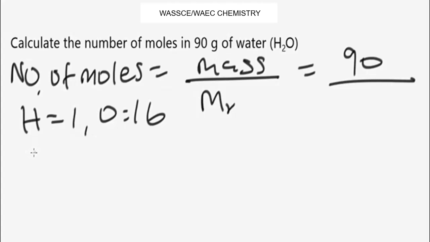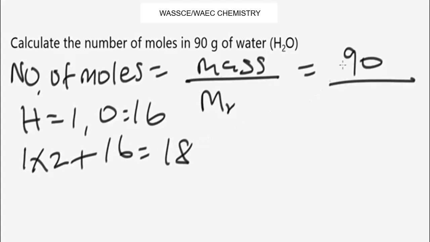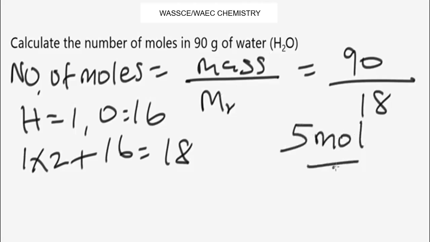We have 2 atoms of hydrogen, which is 1 times 2, plus 1 atom of oxygen, 16. This gives us 18. So we have 90 over 18, which simplifies to 5. So we have 5 moles. This is the answer to this question. Note that mol here is the symbol or short form for moles, so don't be confused with it.